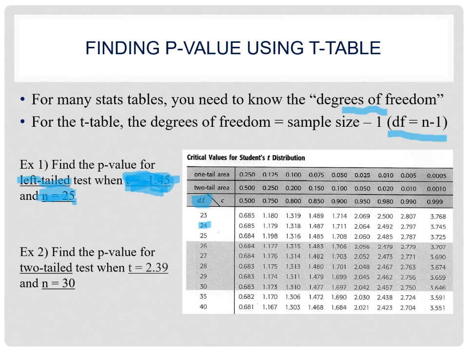So this is how this one is different when it comes to looking up p-values. Here's your goal. Forget about the sign. Don't worry about if it's positive or negative. What you're going to do is look for in the list, and you can only be in this list here. You can only be in the row for 24. Okay? You can't be anywhere else. You have to stay in the row for 24 because that's your degree of freedom. So these are the only ones you get to choose from.